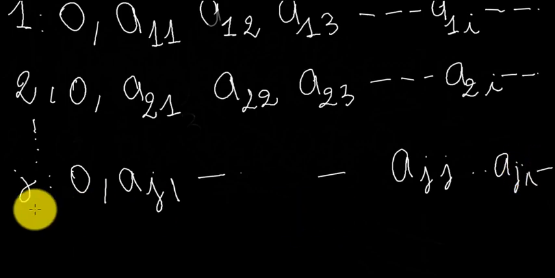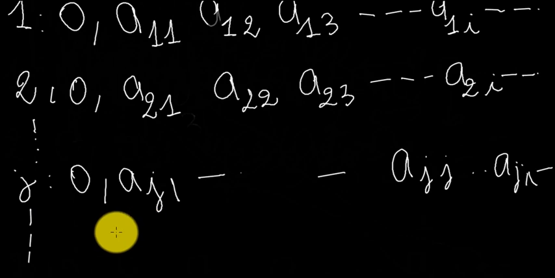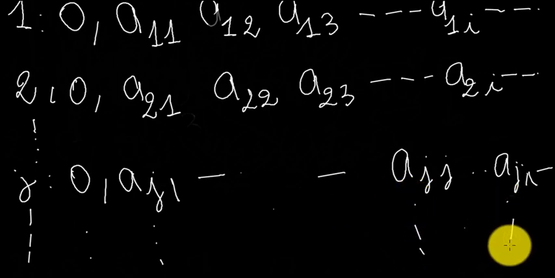Here we are at the jth element, but this will continue infinitely many times, and we enumerate infinitely many real numbers between 0 and 1. So we'll count infinitely many elements between 0 and 1.